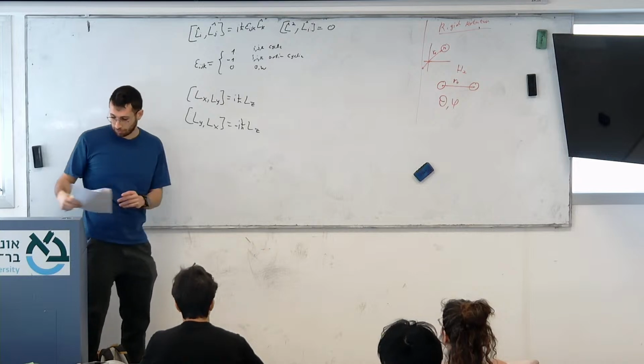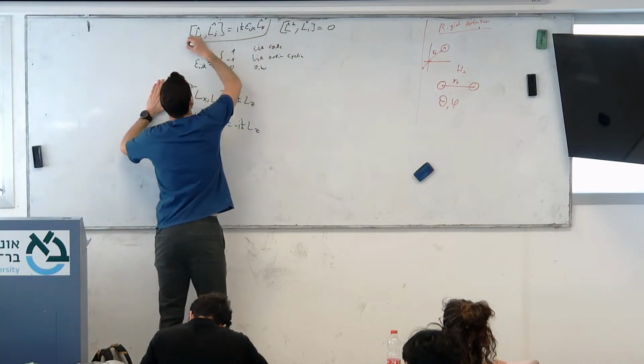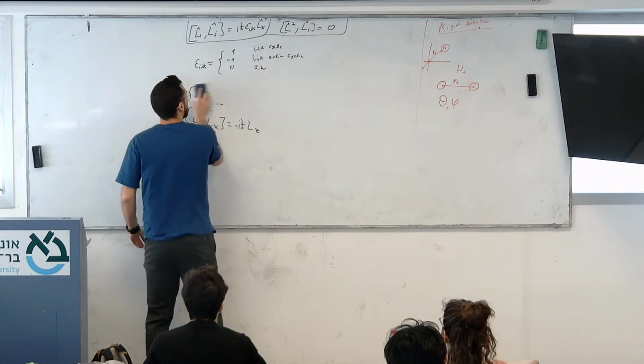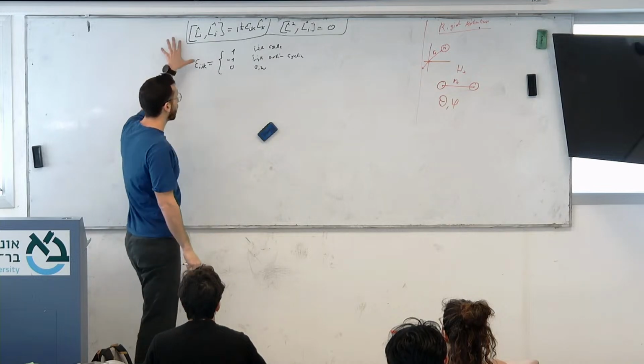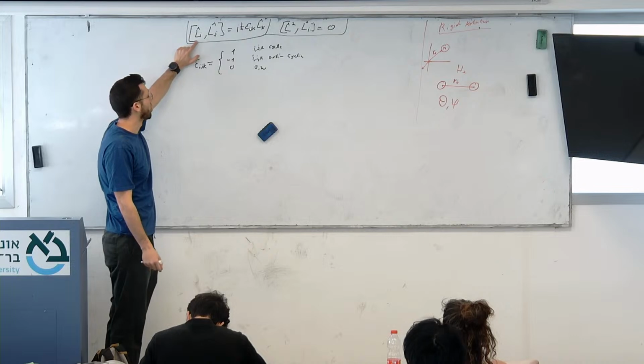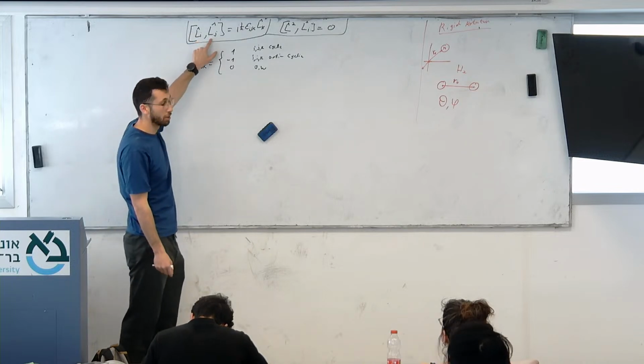Okay. So these two equations, we're going to put them here to stay forever. They have physical meaning in the sense that if, for example, we measure the momentum in x, we cannot measure exactly the momentum in y.